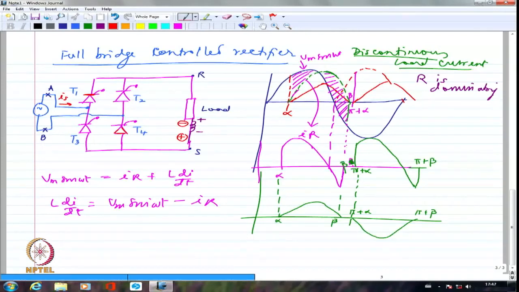Because T2 and T3 will always have the current flowing like this, in the opposite direction. It cannot flow in this direction, like what I showed earlier.